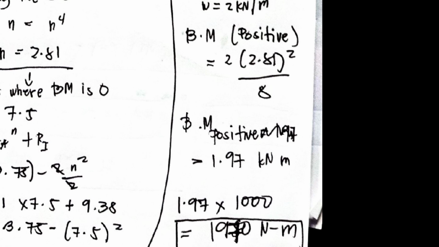So we equate this: 2 times 2.81 squared divided by 8 equals 1.97 kNm. We convert this by multiplying by 1,000, so the answer will be 1970 Nm. Nearest gives the maximum bending moment in the beam as 1980 Nm.